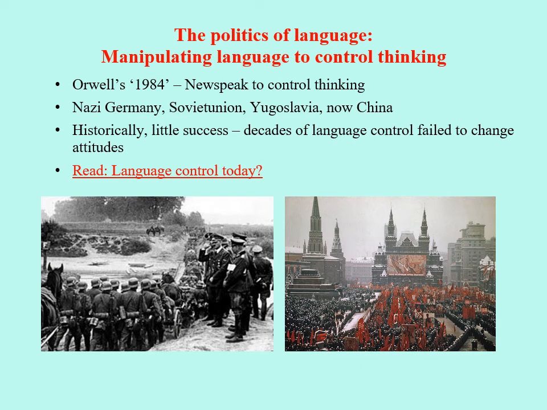Now, next, I'd like to say a few words about a very interesting and relevant aspect of the social use of language, which in a way follows from the Sapir-Whorf hypothesis, the notion that language as a means of communication is also the means of thinking.